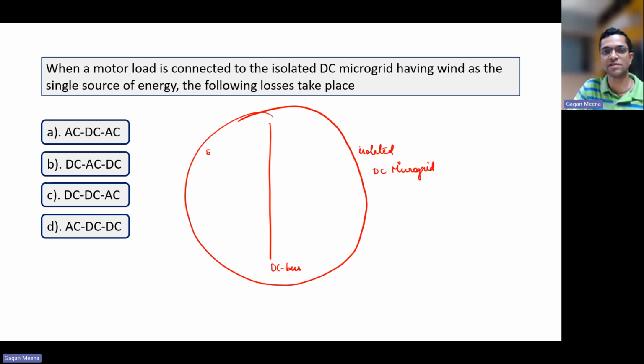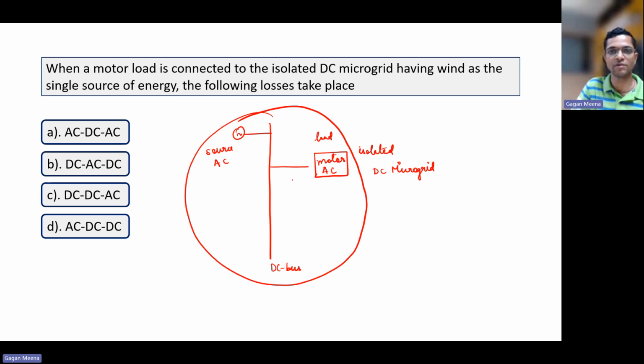The source here is AC, which is wind, and then the motor is AC here, an AC motor load. The load here is an AC motor, and in between we have a DC bus.